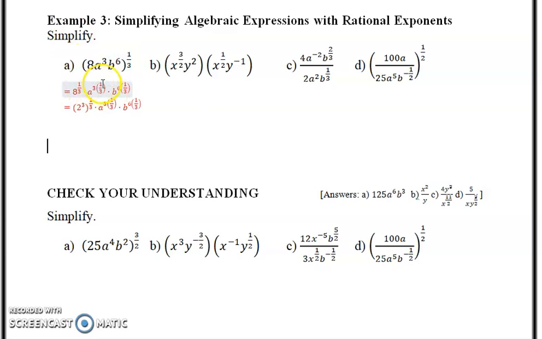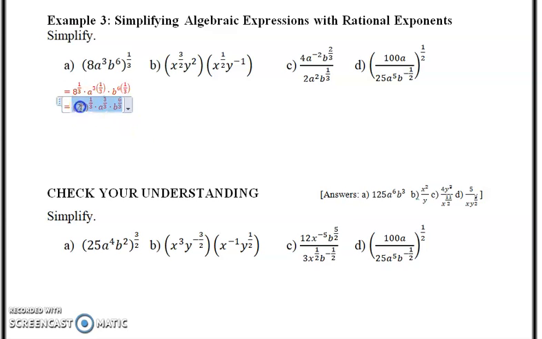So for a, remember, when we multiply by a fraction, we multiply the numerator, so it'll be 3 times 1, so this ends up being 3 divided by 3 for the exponent, and this one becomes 6 divided by 3.